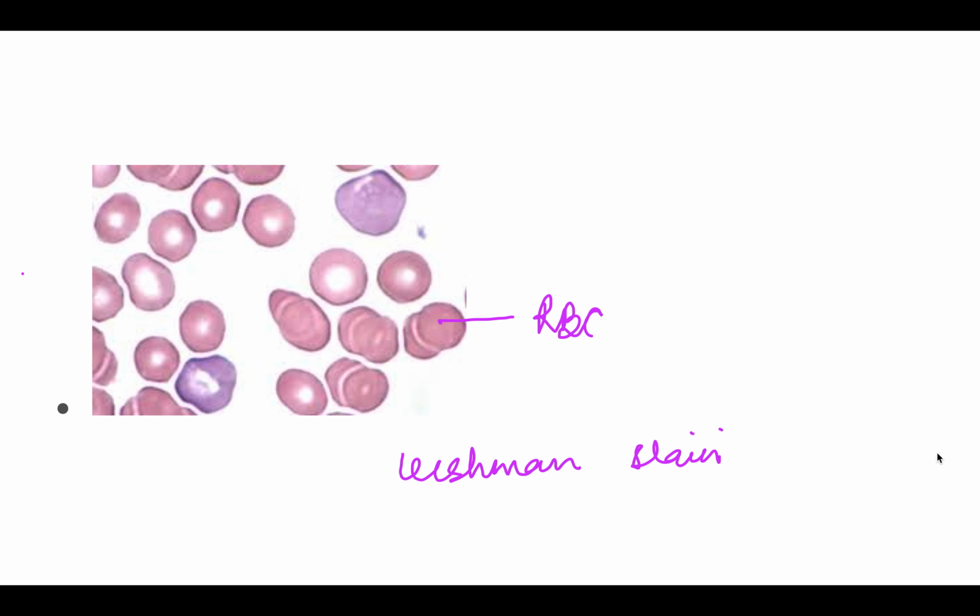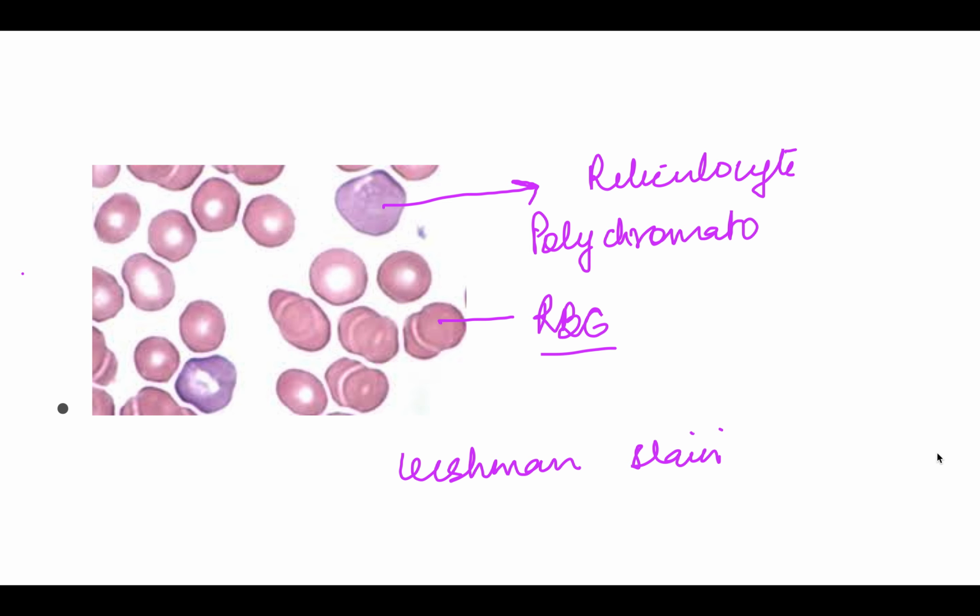These are the normal, mature RBCs. Over here is another RBC, slightly larger in size with a bluish tinge to it. If we do a special stain on it, it will actually be a reticulocyte. So it is also known as a polychromatophilic erythrocyte.